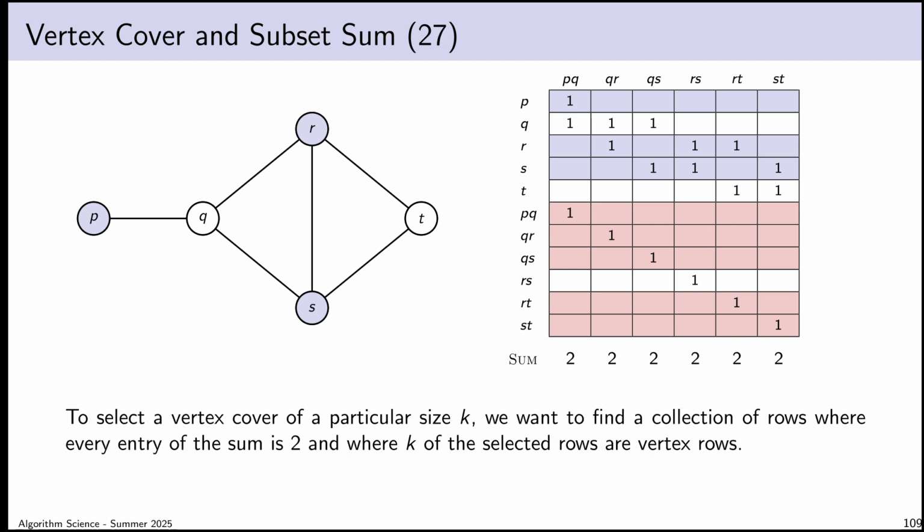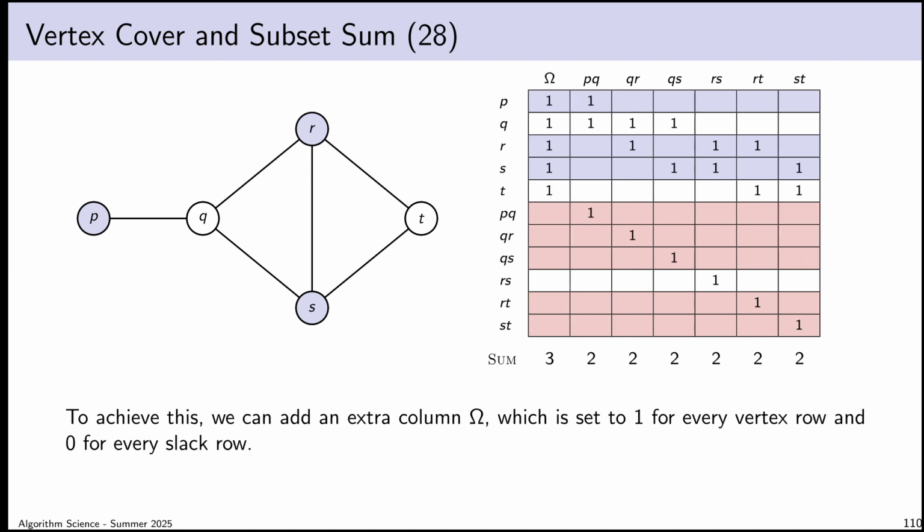Okay, so I want to find a collection of rows where every entry of the sum is equal to exactly 2, and where k of those rows are vertex rows. I need to make sure that the number of vertex rows I select is exactly equal to k to achieve what I want with my vertex cover problem. To do this, what I could do is add one extra column to distinguish the vertex rows from the other rows.